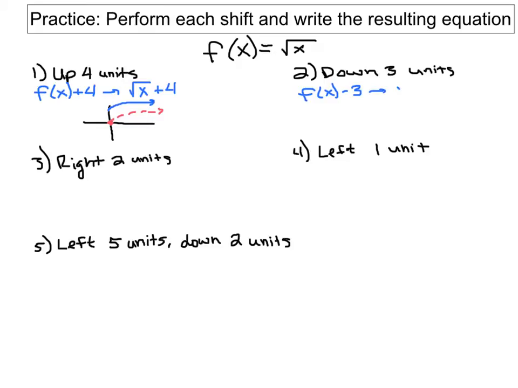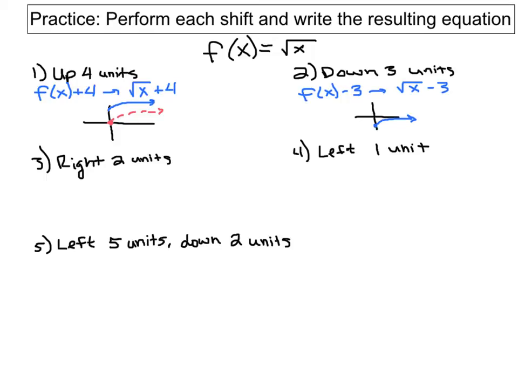It's going to look like the square root of x minus 3. I'm going to do a little sketch. Again, we know what the parent function looks like. It starts at the origin and rises up slowly. Now we're going to move it down 3 units. It doesn't have to be super accurate, we're just trying to get a sketch.